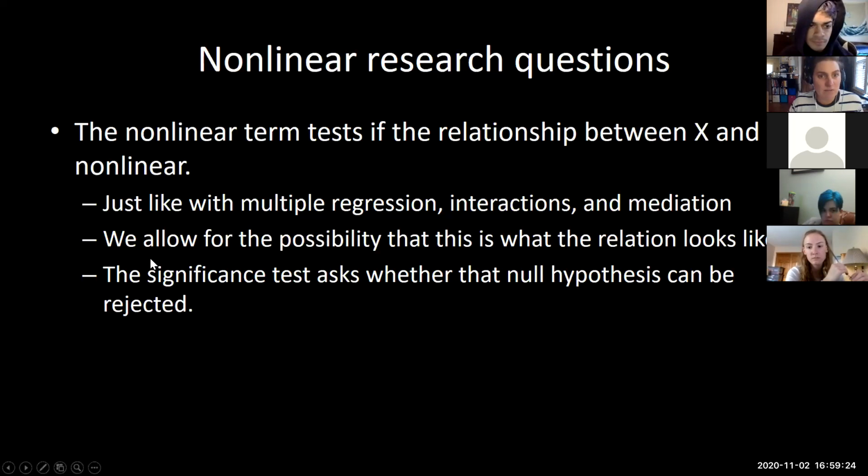And so just like those, with the nonlinear sorts of models, we allow for the possibility that we might see a nonlinear relationship. And the extent to which that interaction term is significant tests the null hypothesis that the relationship is or is not consistent across that distribution of x.